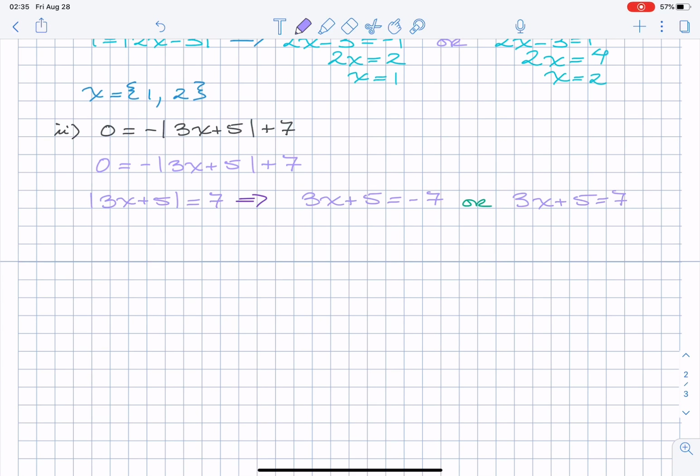So let's go ahead and subtract 5. So that's negative 12, and divide by 3, that's negative 4. Once again, we'll subtract 5, so that's 2, divide by 3, that's 2/3. So over here, the solution set will be negative 4 and 2/3.